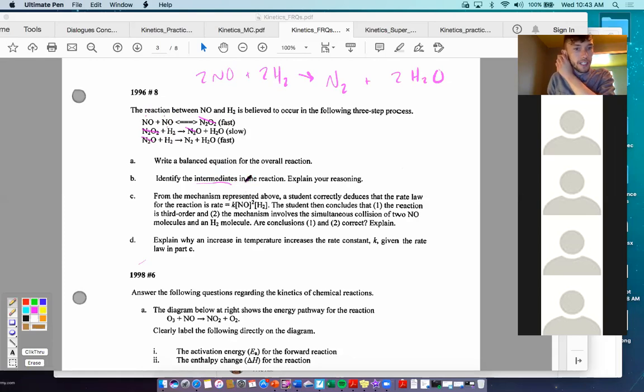What is an intermediate? Remember, it's something that gets produced but then consumed again, so it never shows up in the overall reaction. N2O2 got produced and then consumed again. N2O got produced and then consumed again. So my intermediates would be N2O2 and N2O. For this mechanism, a student correctly deduces that the rate law is given by this.